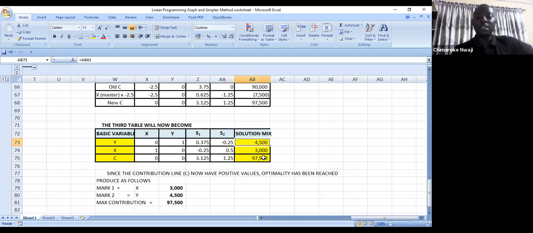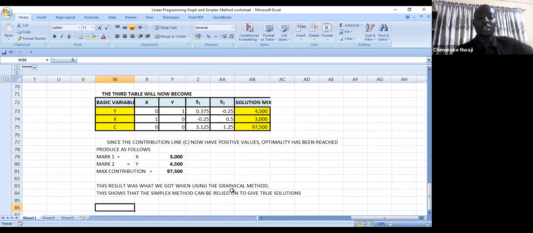These figures in yellow are our optimal solution: produce X 3,000, Y 4,500, and your maximum contribution is 97,500. So you see, this table we just did has shown that the result we have from the graphical method is the same result we are having with the simplex method.